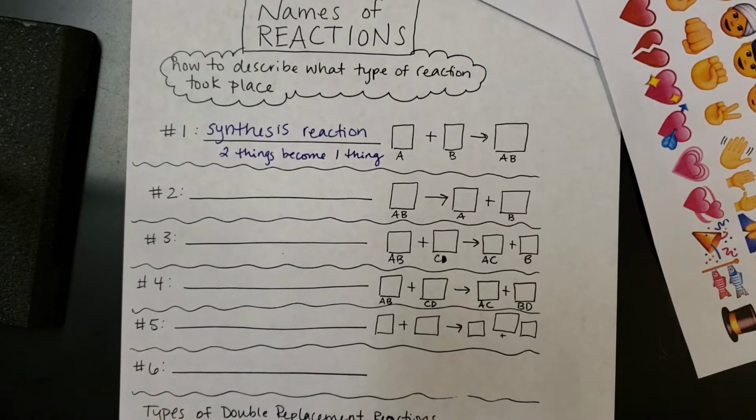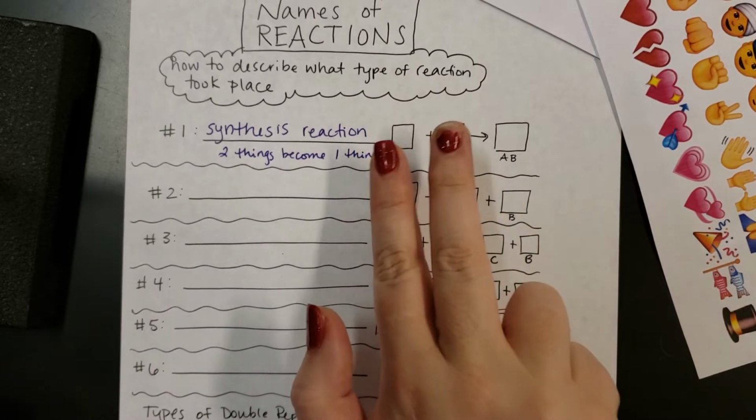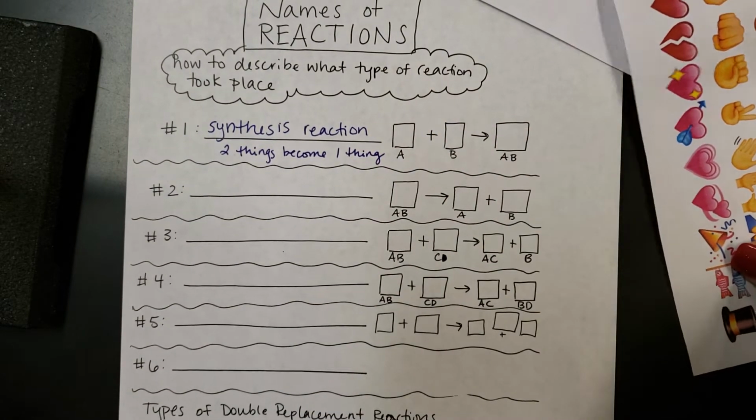Okay, and I guarantee that most of you doing this video are not going to have the same emojis as me, but that's okay. Any 2 things that you pick that make it 2 going into 1 is okay.